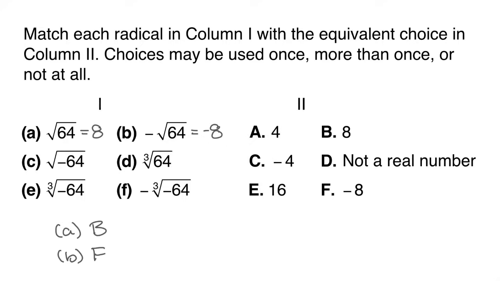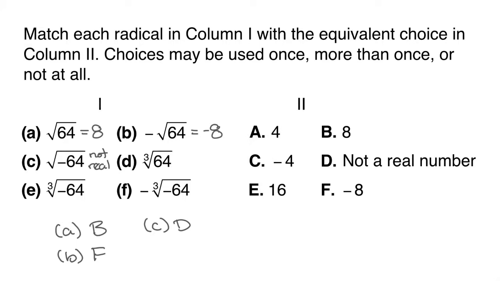We then have part C, the square root of negative 64. This is the number that when squared is equal to negative 64. There is no such number, and so part C is not a real number, and therefore part C matches up with D in column 2.